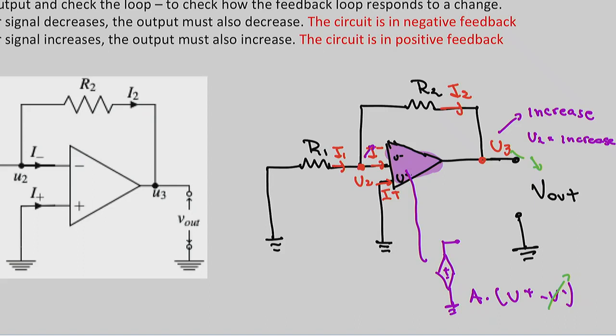If I am subtracting U minus, and U minus is a larger number, that means my total will be smaller, which is what we want for negative feedback. Then we check, okay, this is in negative feedback, and you go, hooray, it's in negative feedback. If it's in negative feedback, that means golden rules apply.